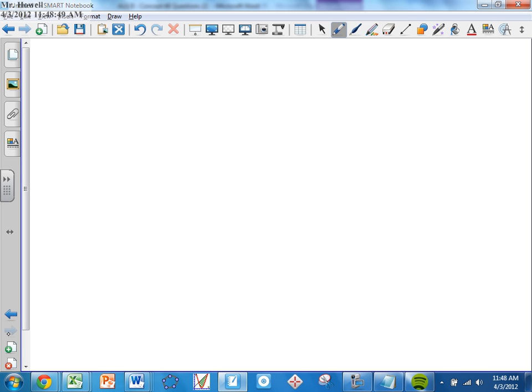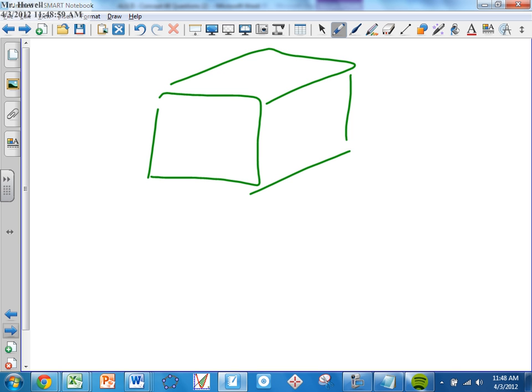All right, let's say we've got an object, and let's say it's a box on the ground. So we're given the dimensions of the box. Let's say we're given the mass of the box, or let's say we're given the weight of the box. We'll say it's 200 newtons.